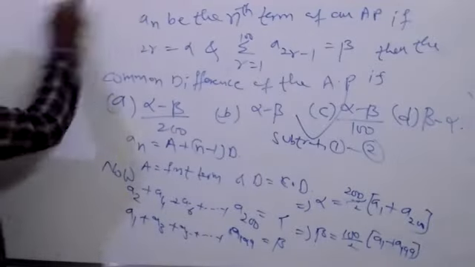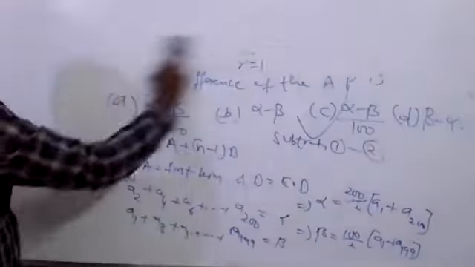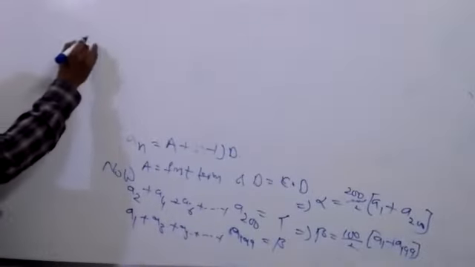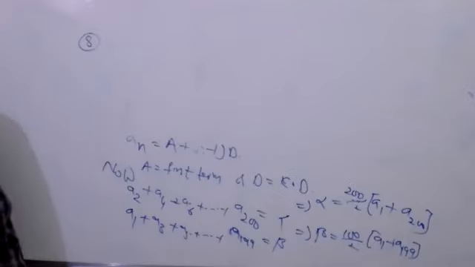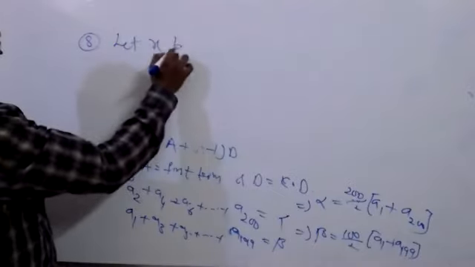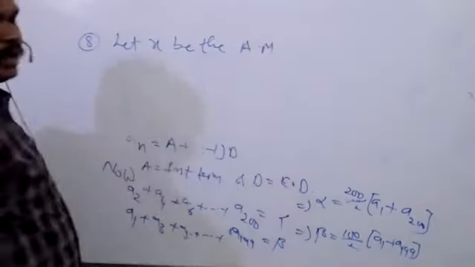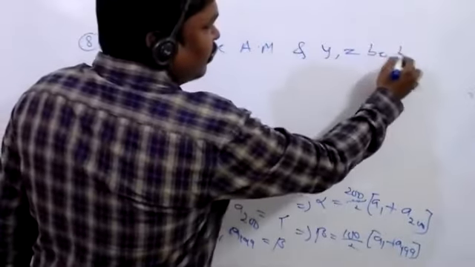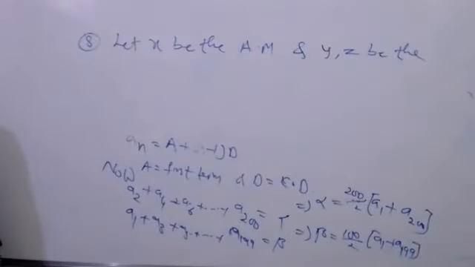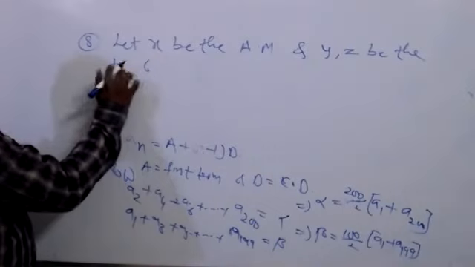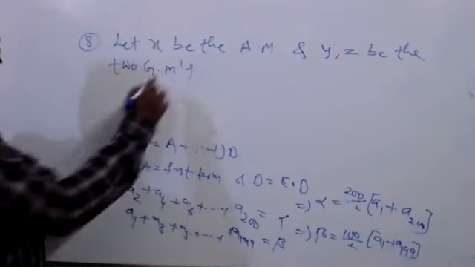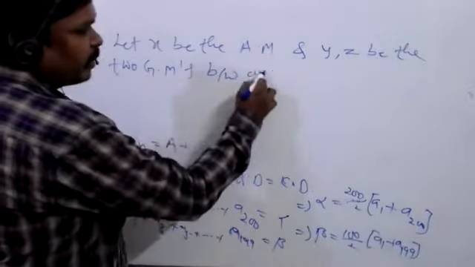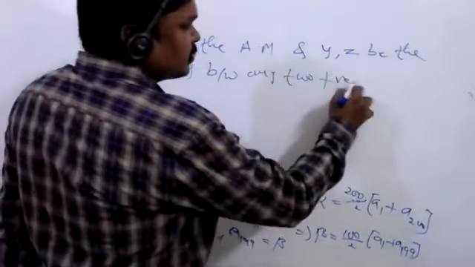Next problem. Let x be the AM and y, z be the two GMs between any two positive numbers.